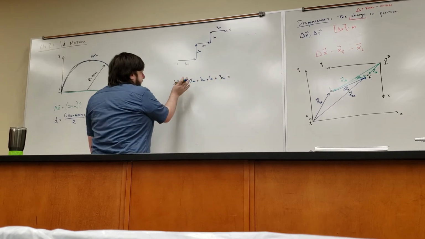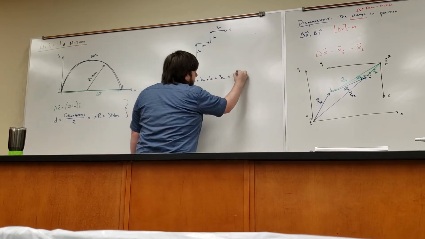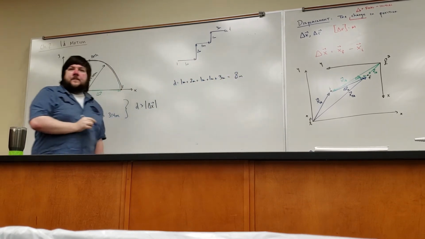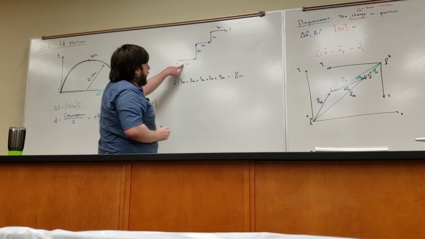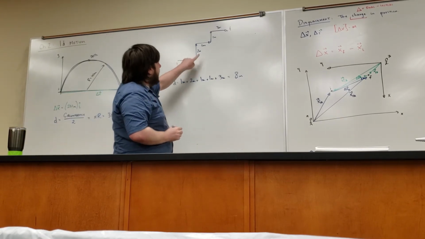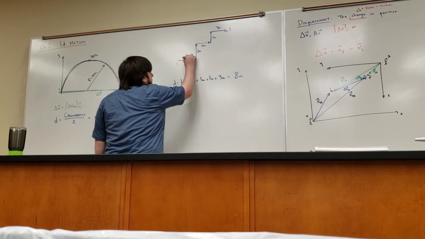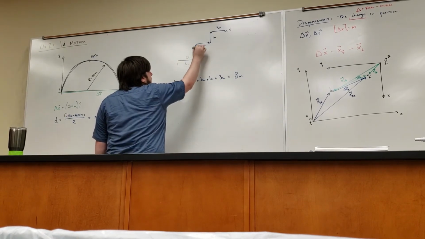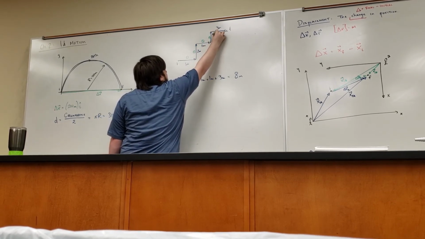So that's 1, 2, 3, 6, 8 meters. We can call this path 1, path 2, path 3, path 4, and path 5.